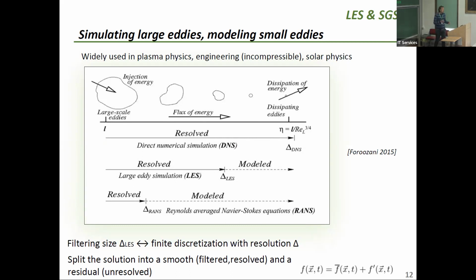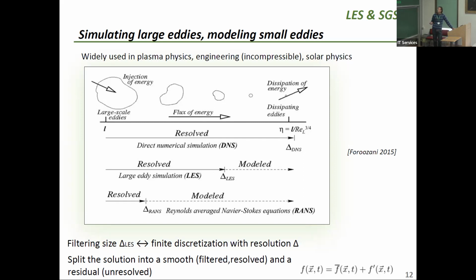So it works in some cases. But if you want to have control over what you're putting in, then you use explicit large eddy simulation, meaning you add some terms into your equation. From a formal point of view, all this can be seen in this way. When you have an evolution equation in a finite resolution simulation, it's like you're filtering your evolution equation in space. You are doing some average or filtering.